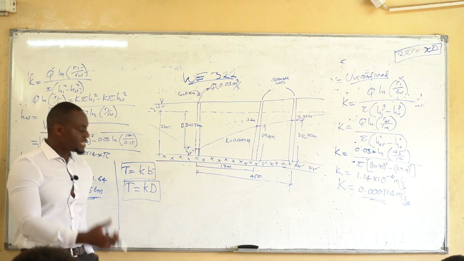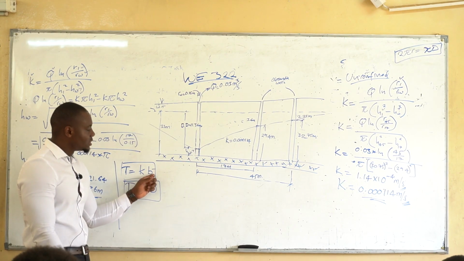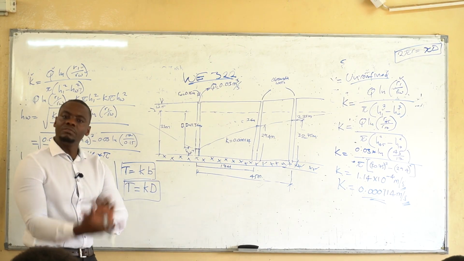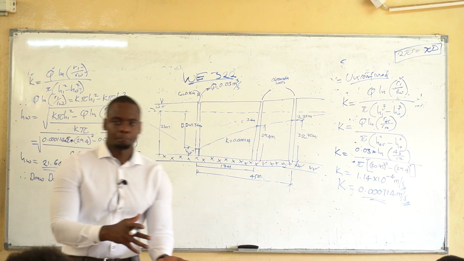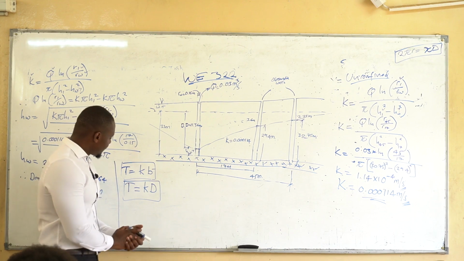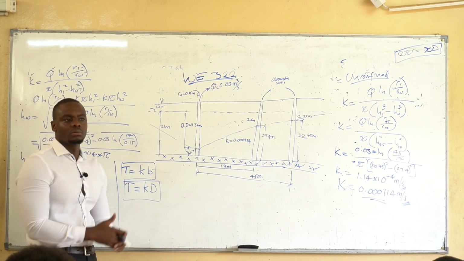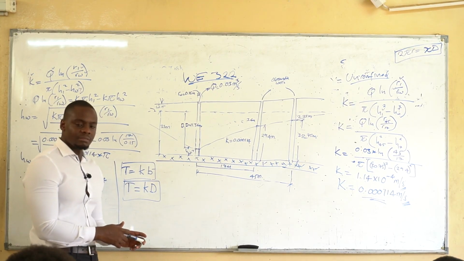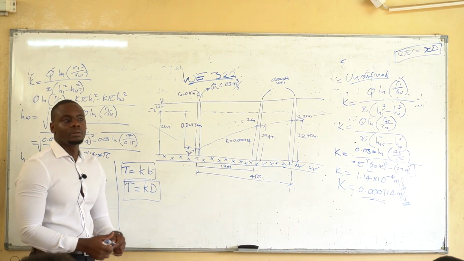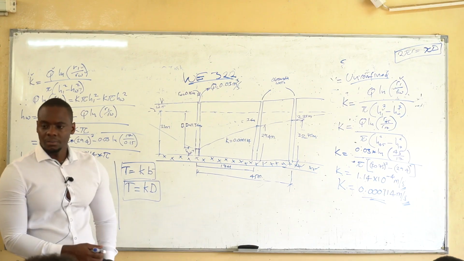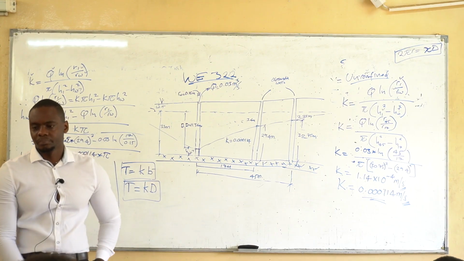Some materials use a B so that it caters for both confined and unconfined, and others use a D just to be more specific that we're dealing with a confined aquifer. So basically, it's just K times H.